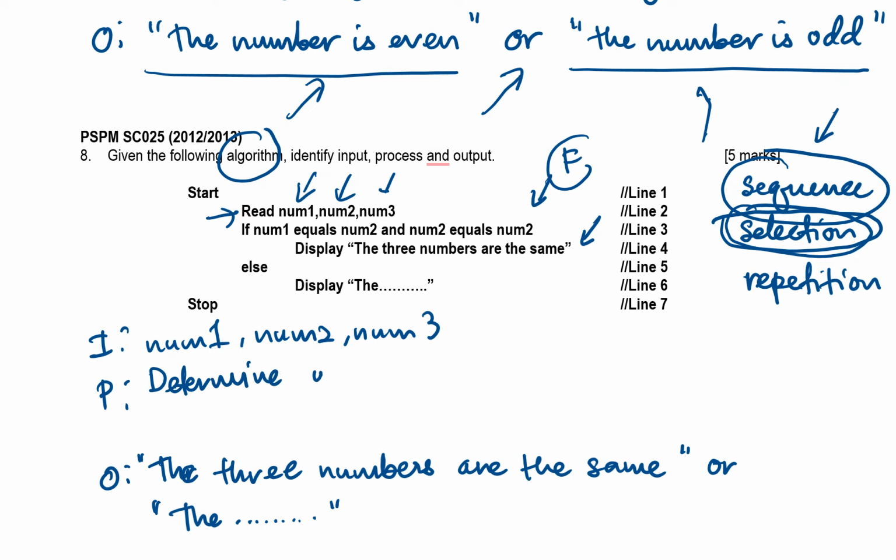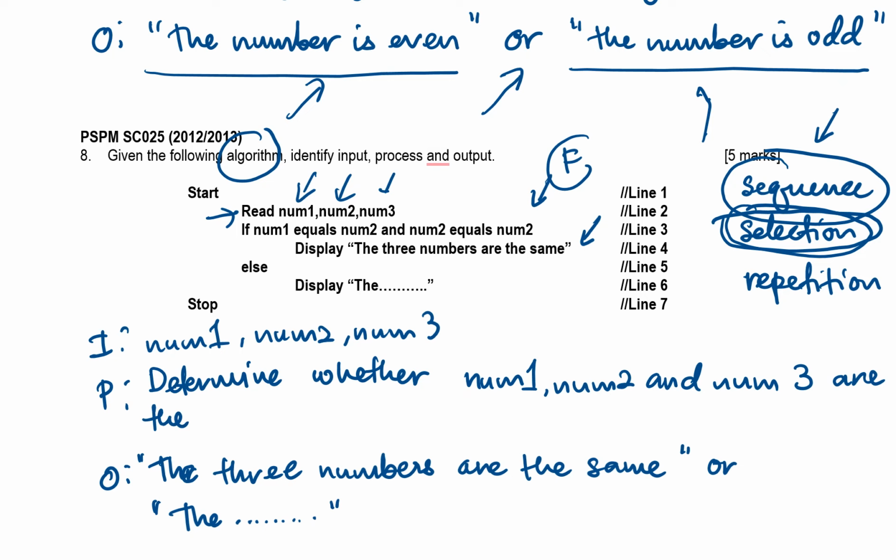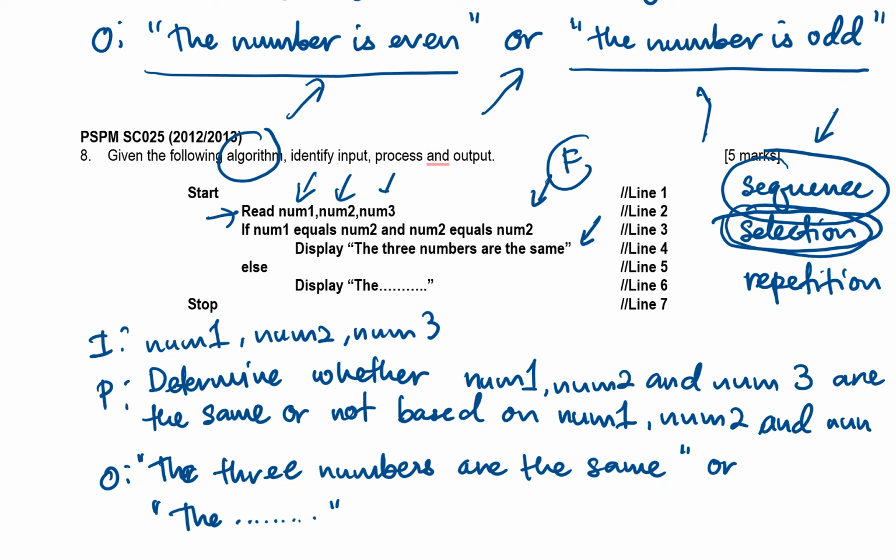Determine whether num1, num2, and num3 are the same or not, based on what? Based on your input, num1, num2, and num3. You can use n here for process, but for input you cannot use n.